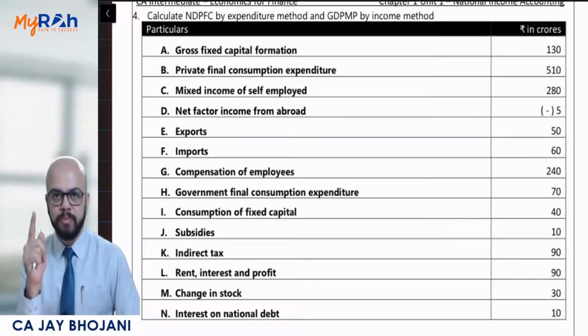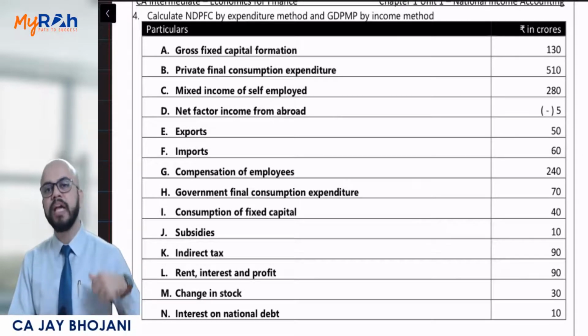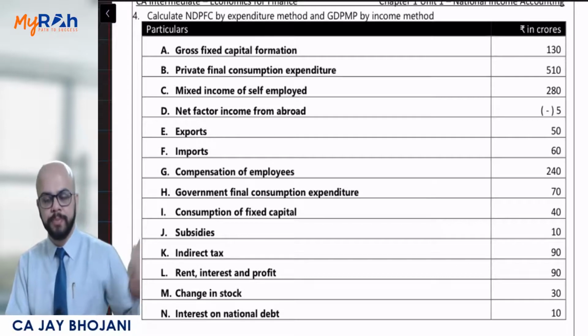If you remember, the expenditure method is originally designed to calculate GDP-MP, and the income method is originally designed to calculate NDP-FC, but they have asked it in contradiction to the general method of calculation. So you will have to apply those 3 rules as well here.